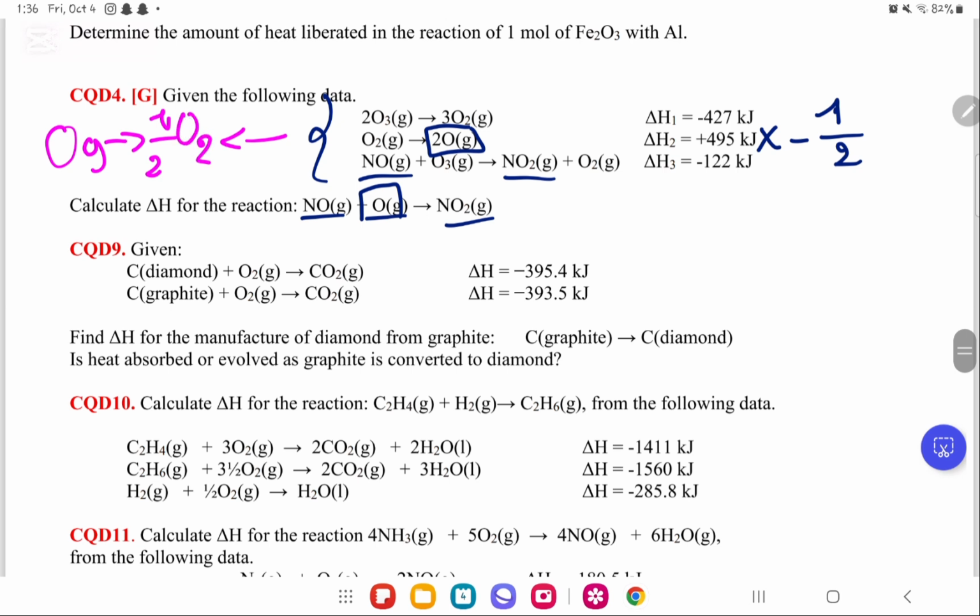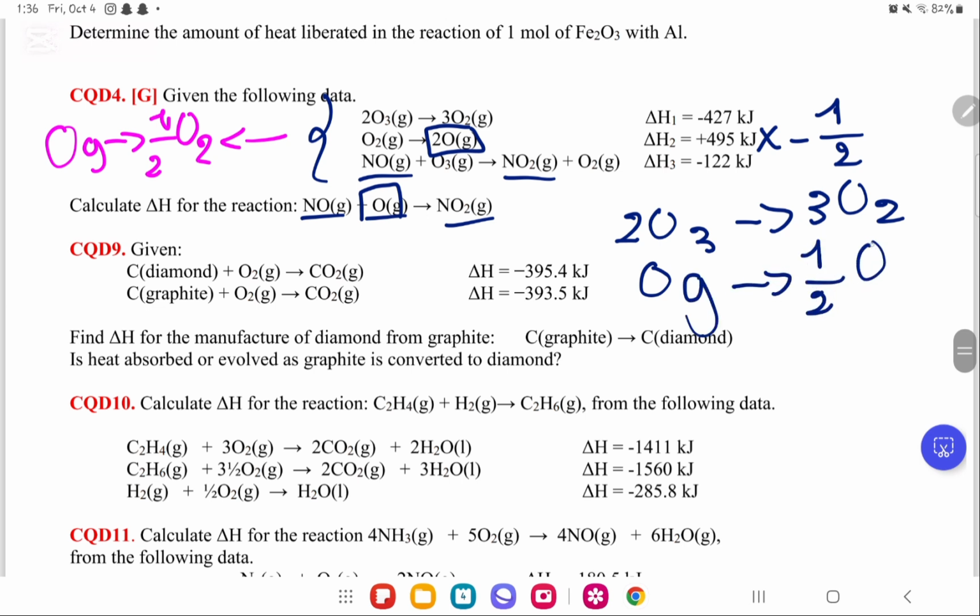Now, first of all, let's write the equations. We have 2O3 gives us 3O2, okay? Then we have O gas gives us 1 over 2 O2, okay?